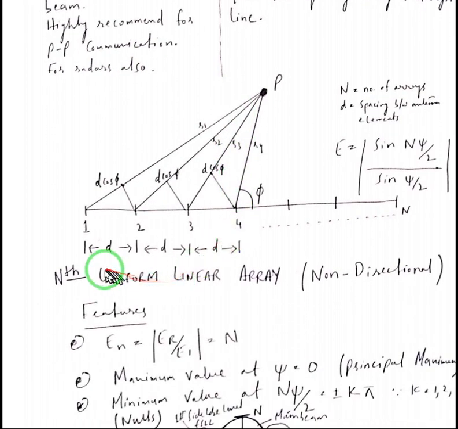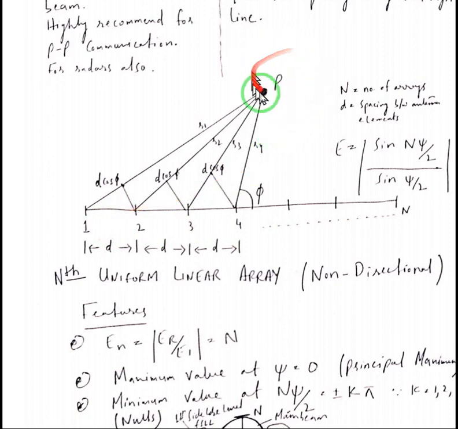Here we have discussed in the picture the uniform linear array, that is, the nth uniform linear array. Four arrays have been used to define the system.